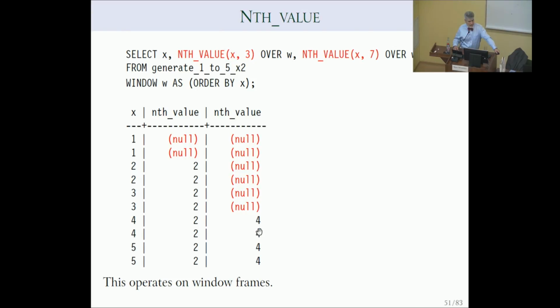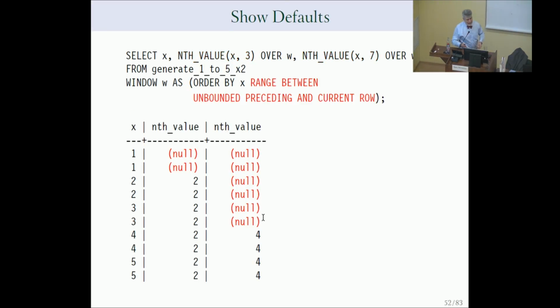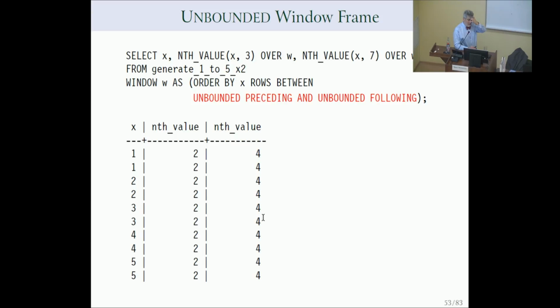This one, the 7th value, I have to wait to get to the 7th row before I can actually see the 7th row because my window frame doesn't go out that far. If I specify my defaults, right? Unbounded preceding to current row, I'm in range mode, it doesn't go out that far. Okay? But if I change my window frame to be unbounded following, then every row sees the 7th row. Okay? Kind of interesting.